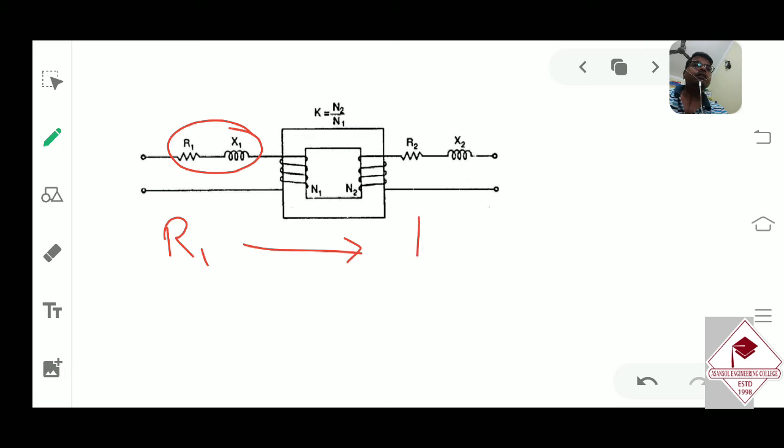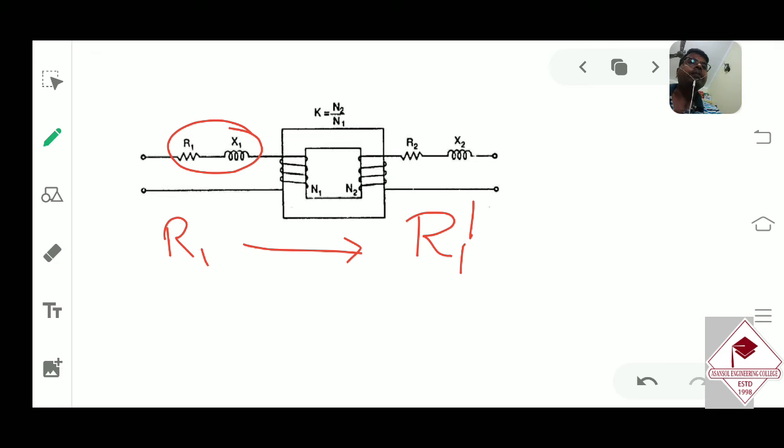So let us assume that if I transfer this from primary to secondary, the resistance value is, say, R1 dash. Now how will you decide what the value of this resistance will be if we transfer it to secondary?